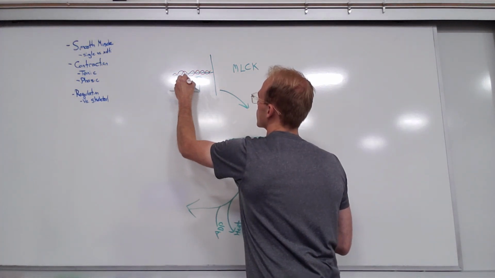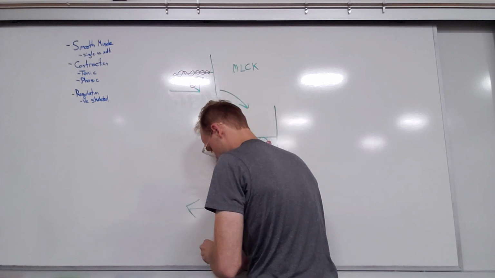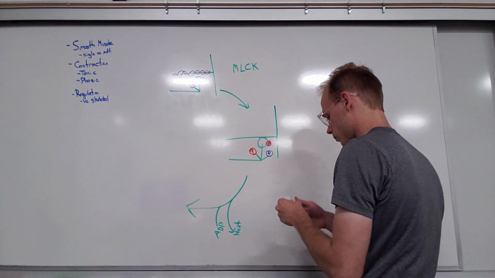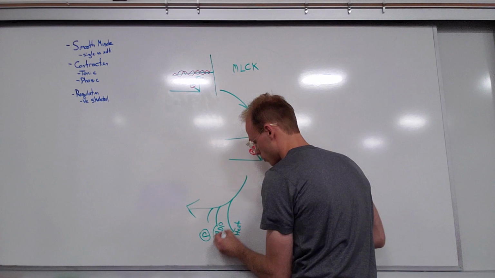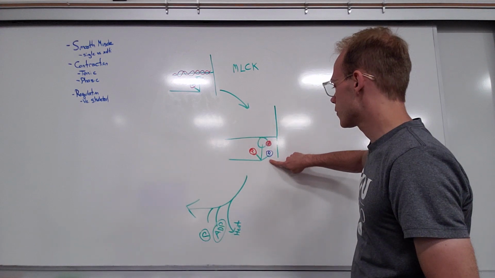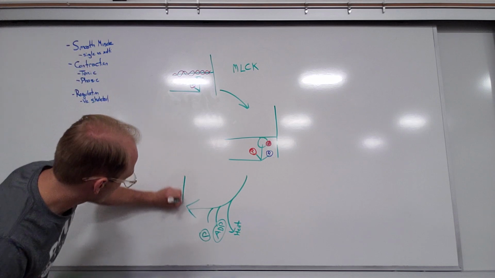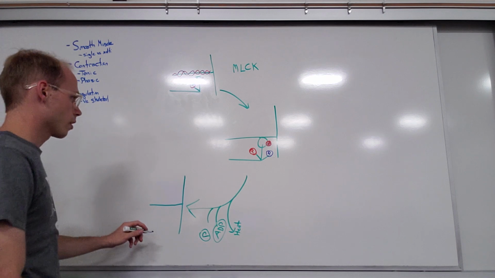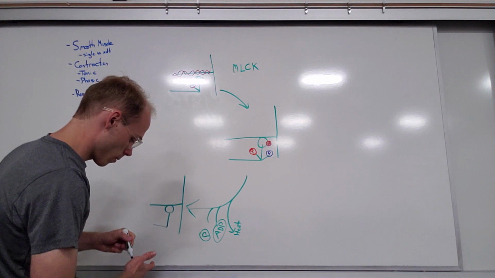There's our phosphate, and then there's our ADP. And this phosphate, I'm going to make blue. Okay. So what happens is then this leaves. Cool. So then the next step. We now have those leave. So we're now left with our myosin head still bound.